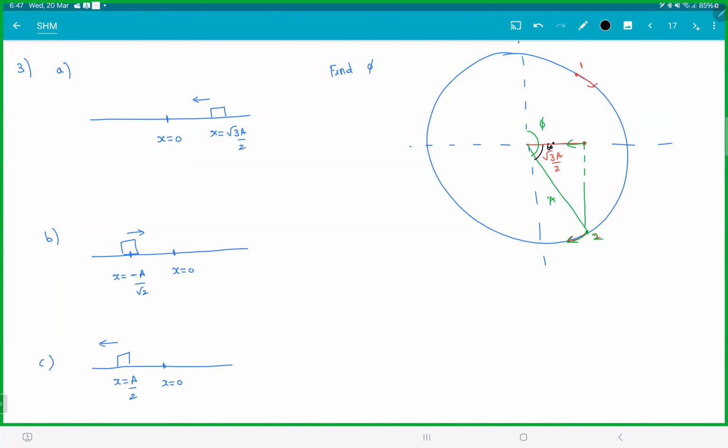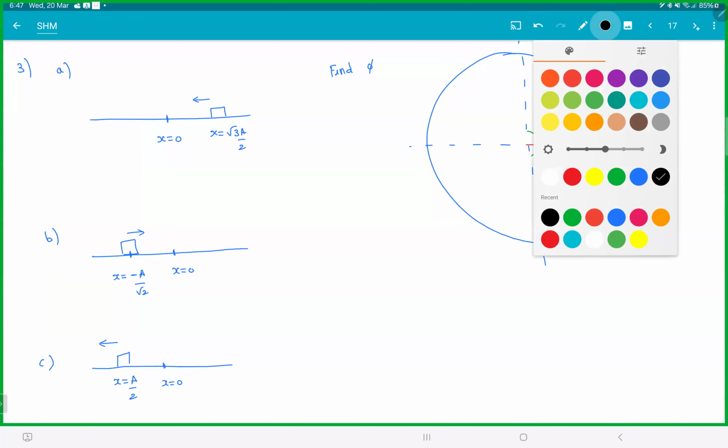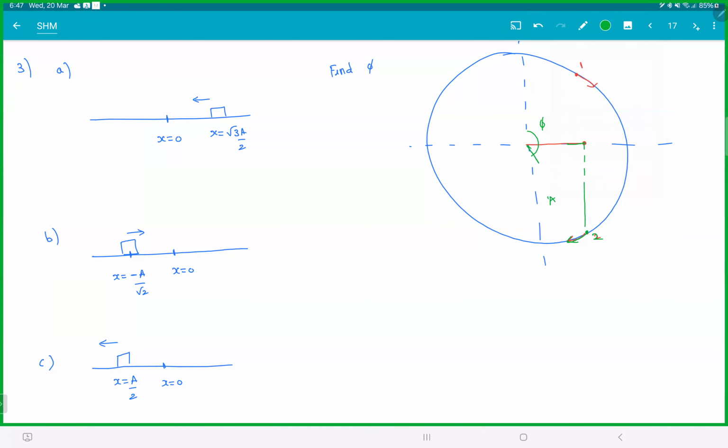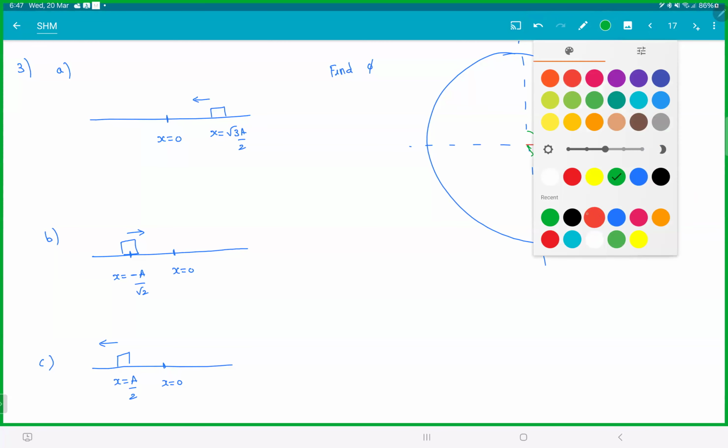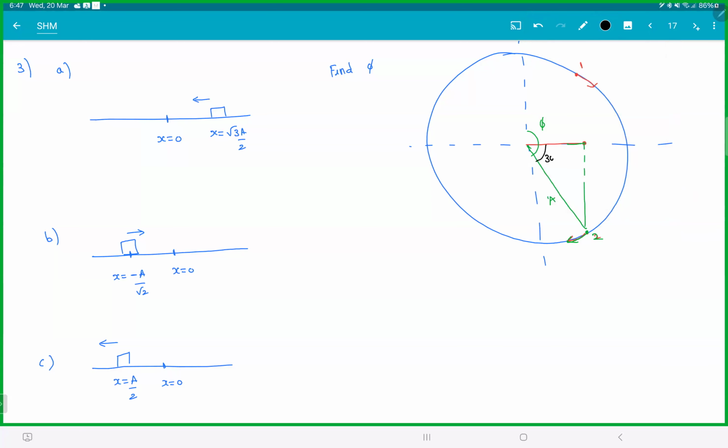Cos 30, that is 30 degrees actually. This would be 30 degrees. Therefore, phi would be 120. This is how you do it normally.